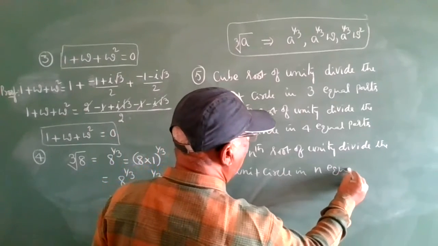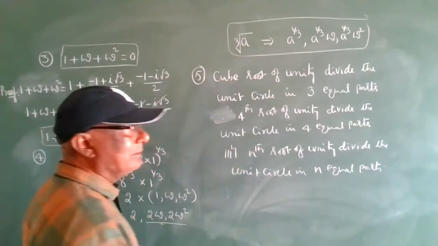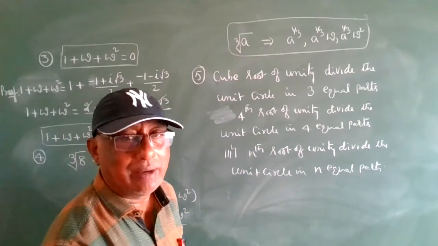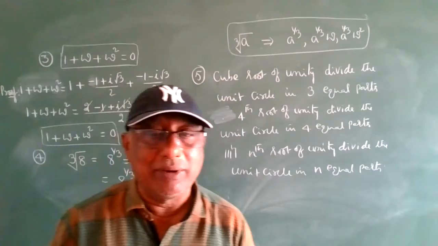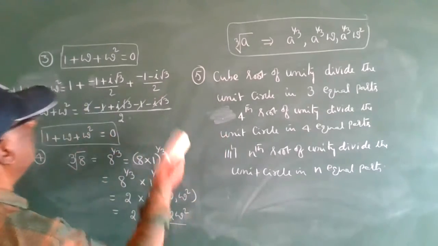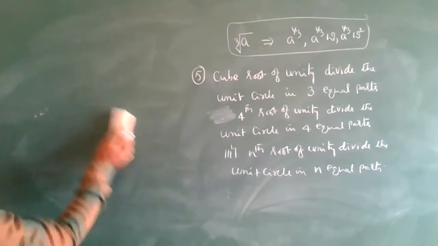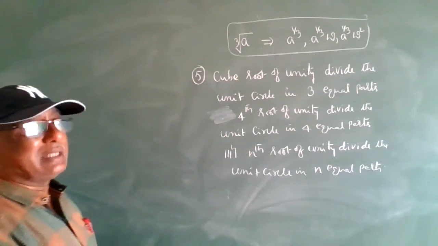This is point number 5. I am going to discuss point number 5. Everyone observe: here I will take one unit circle.